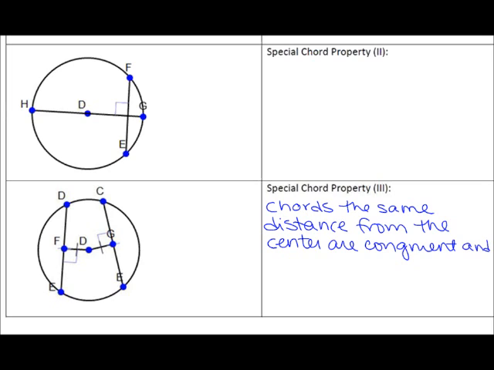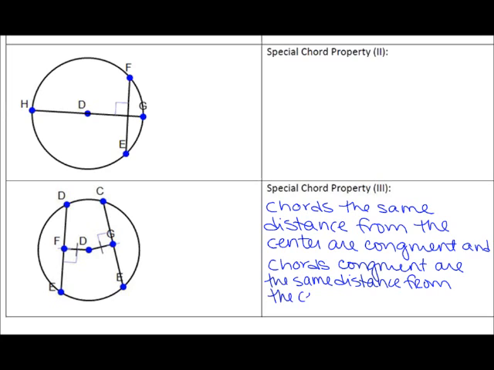And the opposite would also be true. So chords that are congruent are the same distance from the center. And chords congruent are the same distance from the center. Okay, so that's an if and only if in your textbook.